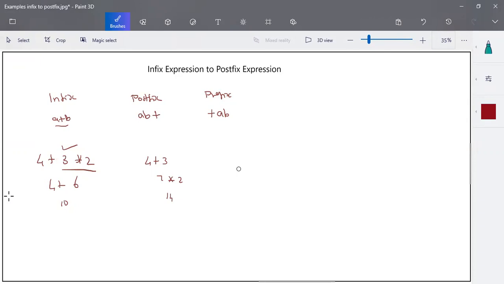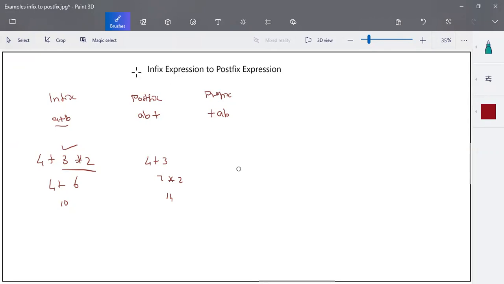When you want to programmatically instruct a computer to evaluate an arithmetic expression, it is hard for it to go through the entire expression. This is a smaller expression where we just have 2 operators and 3 operands. But when you are writing a lengthier expression, the computer has to make n number of comparisons to check which is the highest precedence operator and how to make the calculations.